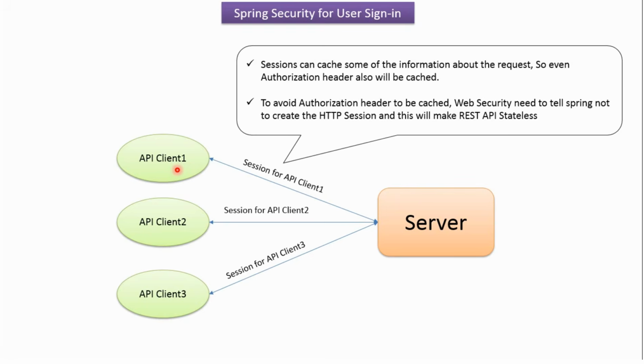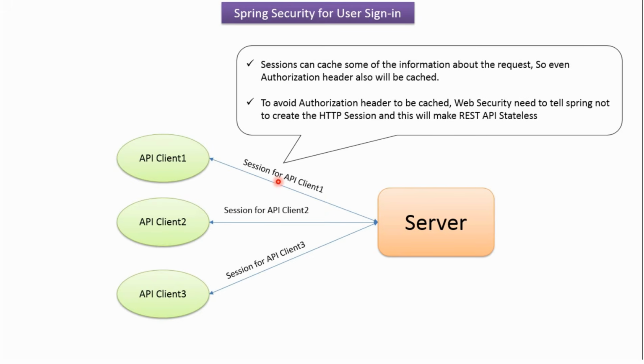Suppose API client 1 sends request to the server, and it sets authorization header with valid JWT token, and request passed and it went through, and the particular authorization header is cached in the session. And for the next request, suppose API client does not set the authorization header, even then the request will pass because authorization header is cached in the session, and this should not happen, and we want to avoid that.